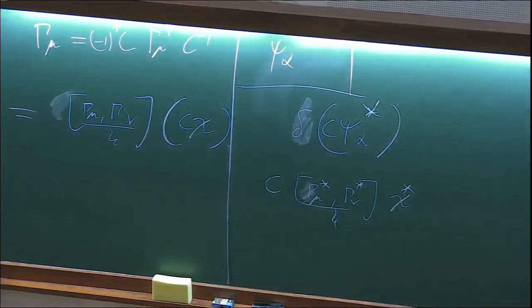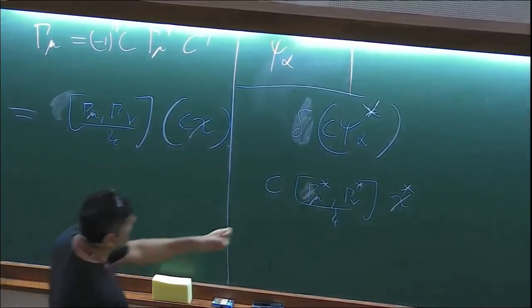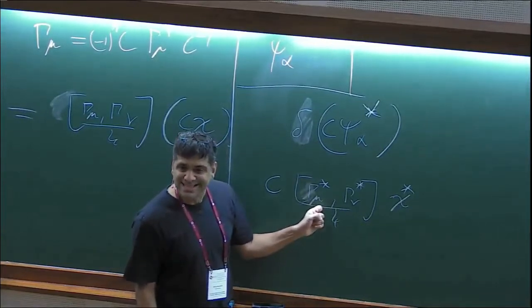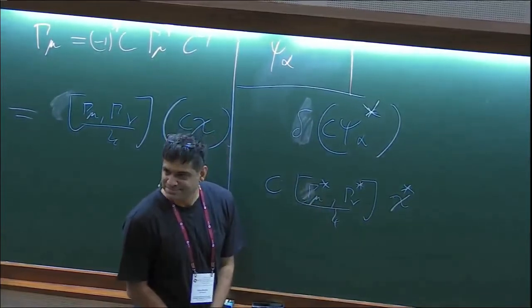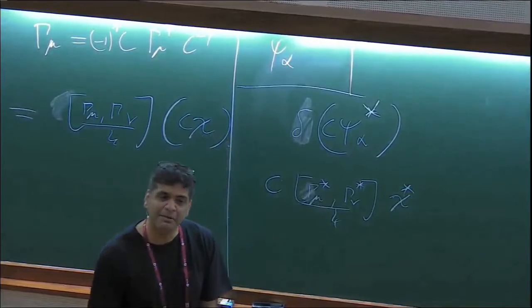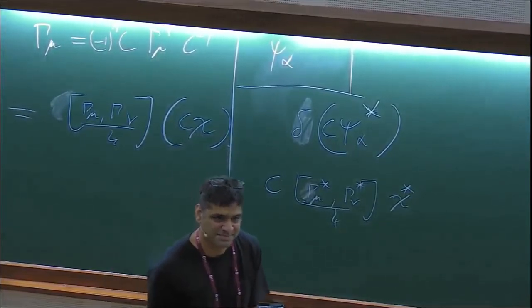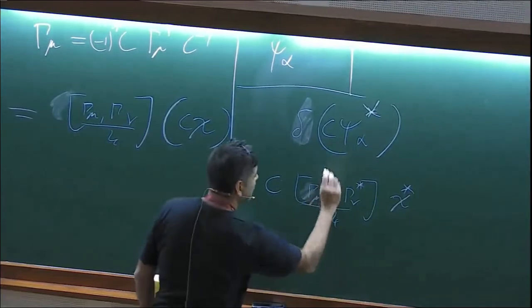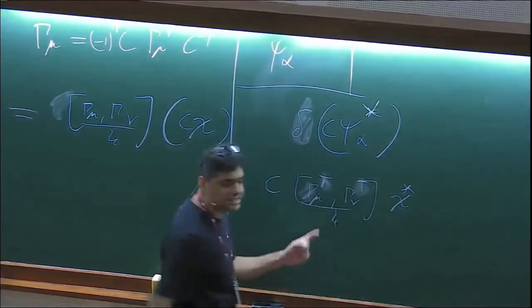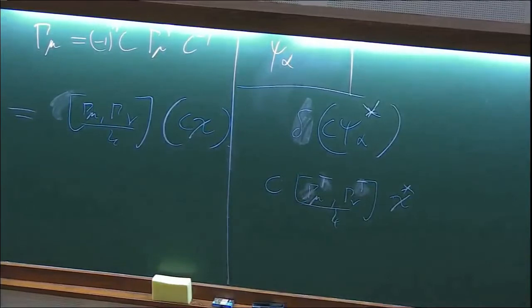Is this clear? That's by definition. But we use now the fact that these gamma matrices are Hermitian. So gamma star is the same as gamma transpose. So this is gamma mu transpose, gamma nu transpose by 4, because of the hermiticity properties of the gamma matrix.